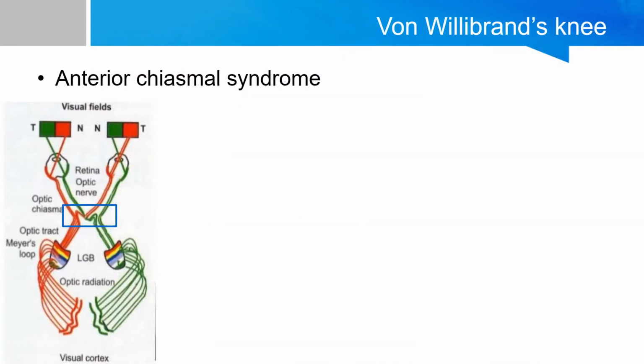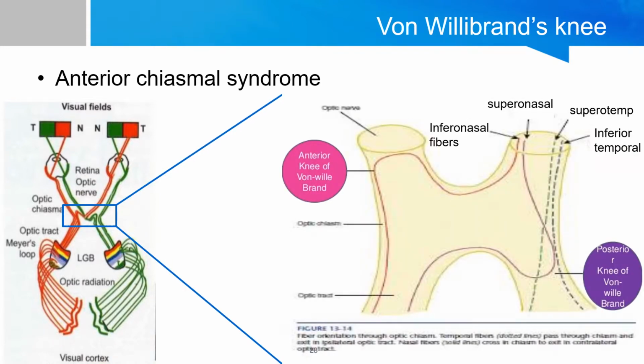As the optic nerves merge into the optic chiasm, note that immediately after crossing, the inferior nasal fibers loop forward for a short distance into the optic nerve of the opposite eye. This location is called the anterior von Willebrand's knee.